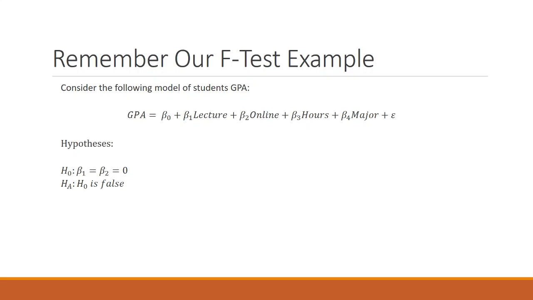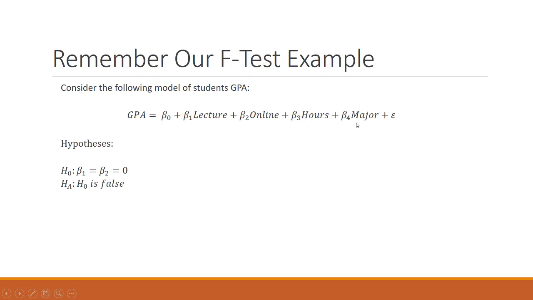We said that a student's GPA is a function of the instructional format of the courses the student takes, so the percentage of classes they take in a traditional lecture format versus the percentage of classes they take in an online format, as well as the number of hours they spend studying, and their university major. So the student's GPA is a function of these 4 things, and the other things are all captured in the error term.